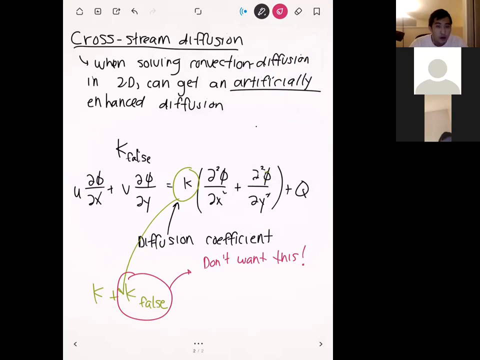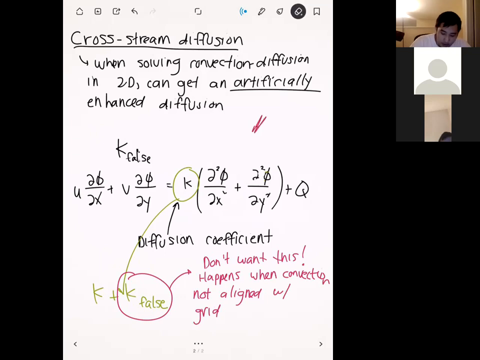If you remember, the reason this false diffusion comes about is that it happens when our convection velocities are not aligned with our grid. What I mean by that is a situation like this.